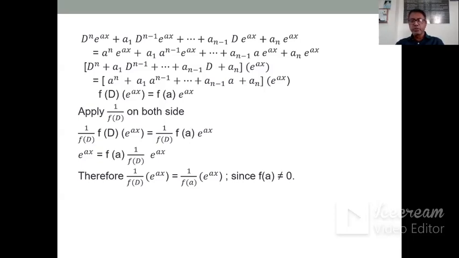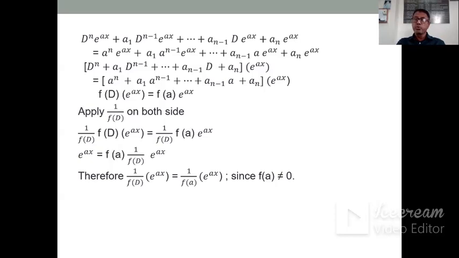We want to use this result to solve examples, to find the particular integral of a non-homogeneous differential equation if Q of x is of the type e to the power ax.